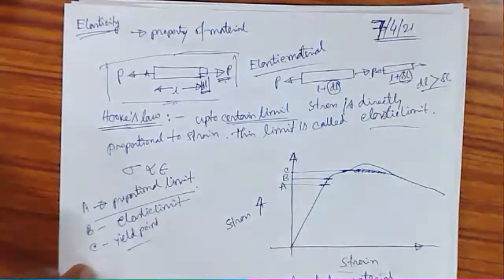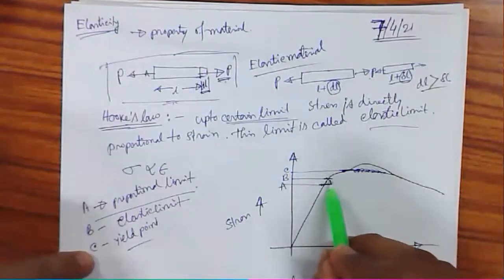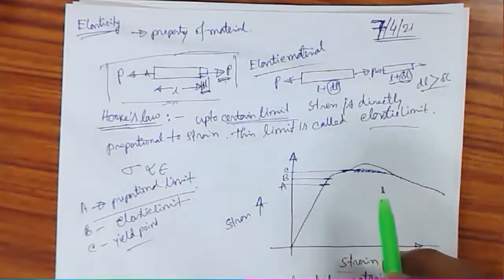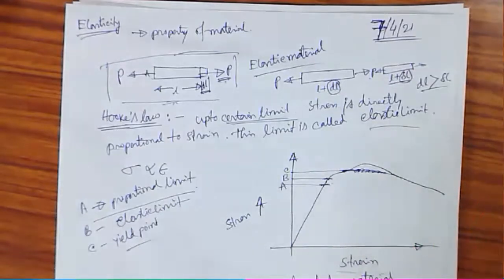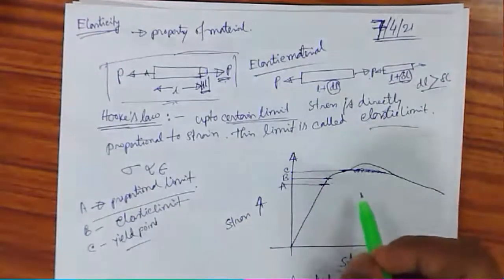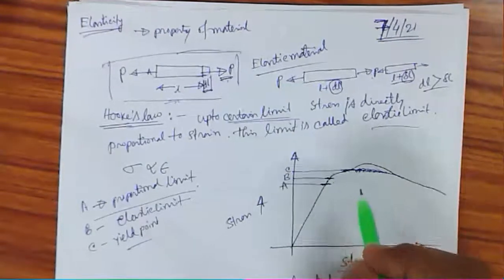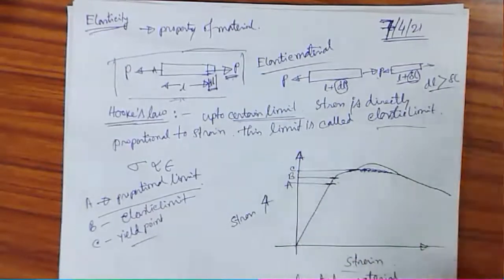What is the yield point? So what happens after crossing yield point? Strain hardening occurs.